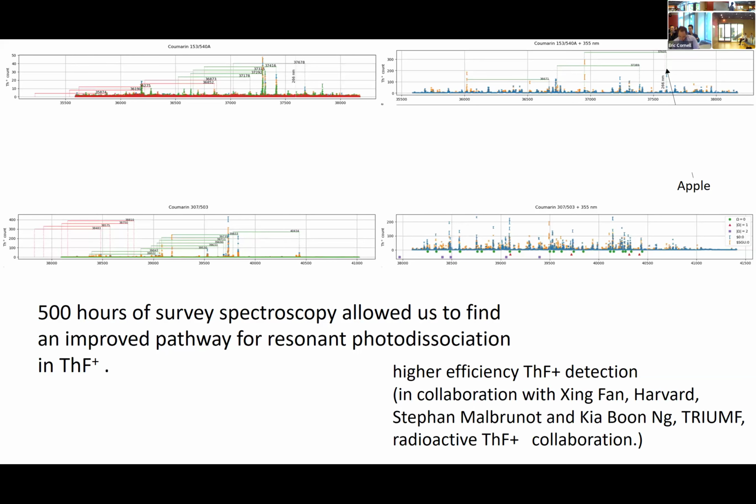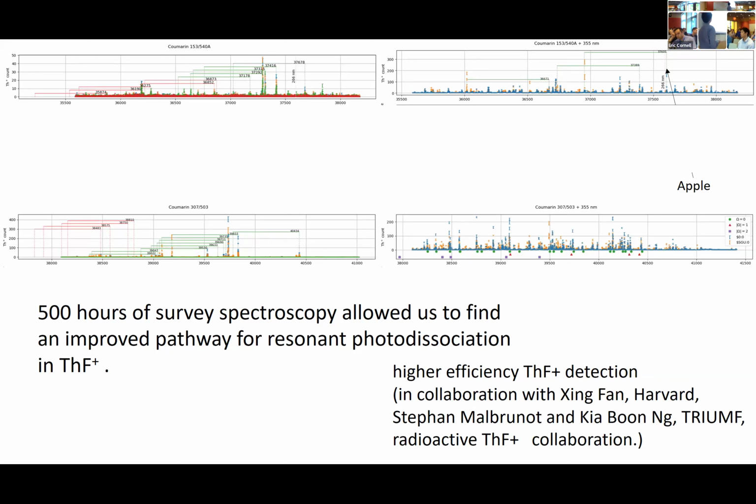A dark secret about thorium fluoride plus is that our main readout method is photodissociation, and we had bad efficiency of photodissociation. We've recently joined a collaboration of folks interested in thorium fluoride plus, including Xing Fan here at Harvard, Jiaobu, and Stefan Malbrunot at TRIUMF, who are working on radioactive thorium fluoride plus for Schiff moments.